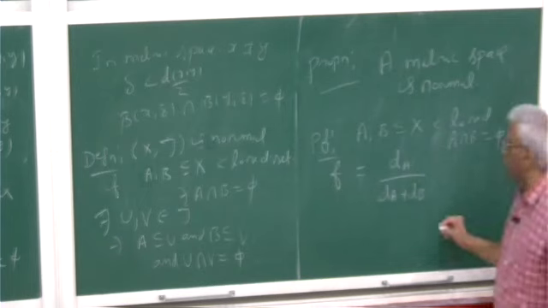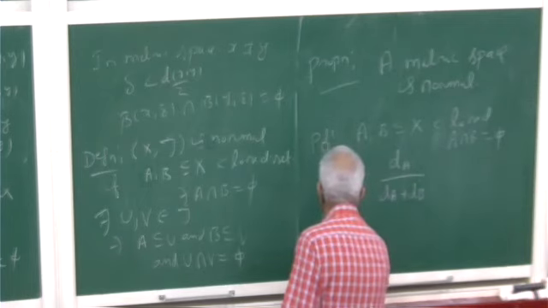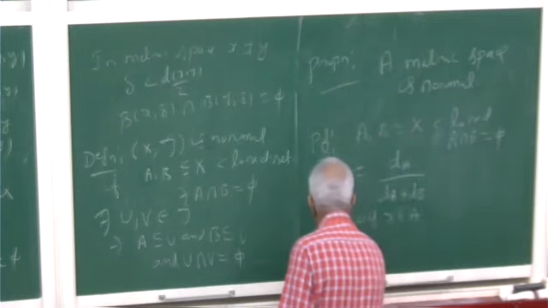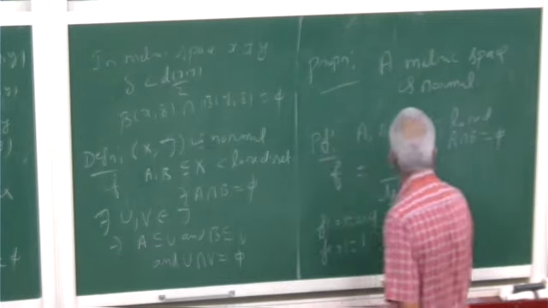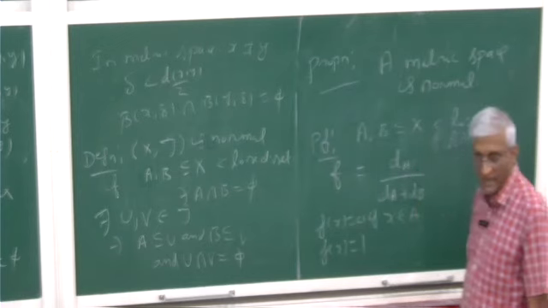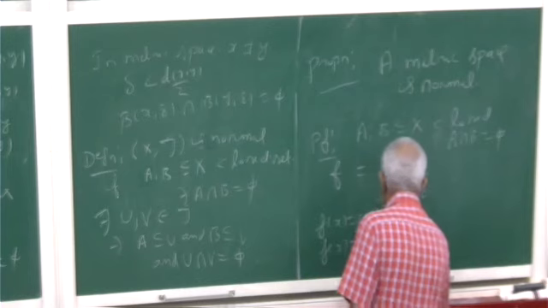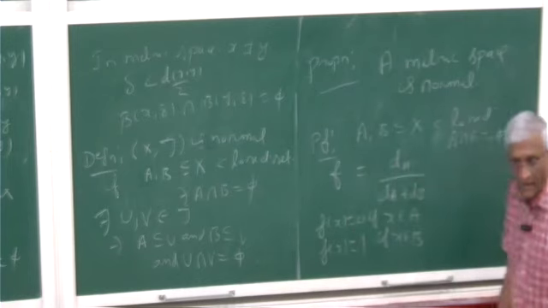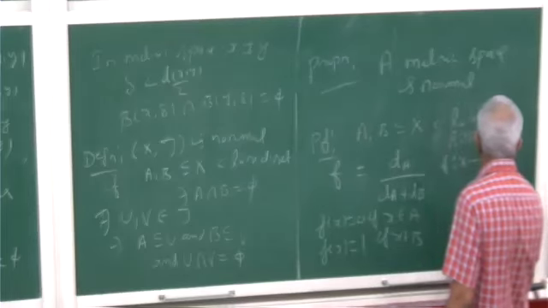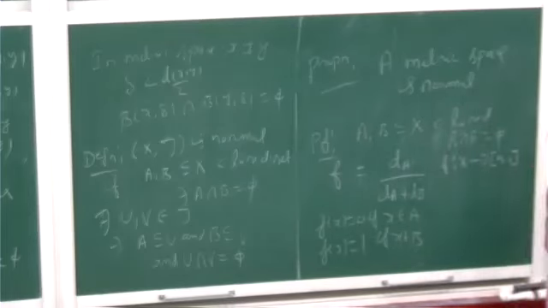Now it's clear that f(x) equals 0 if x is in A. And f(x) equals 1 if x is in B, because d_B becomes 0 and d_A over d_A is 1. And f goes from X to the interval [0,1].